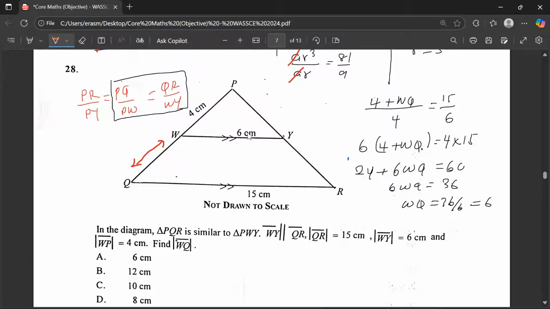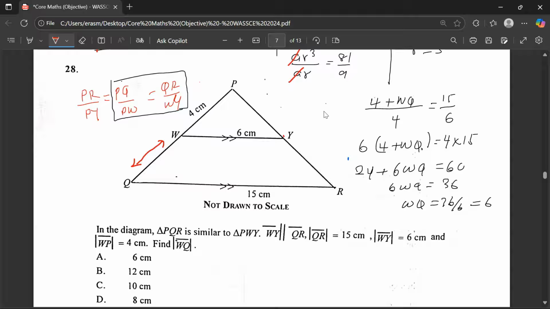Now, we know these two sides, that is this side and this side, right? We know this side, but we don't know this side, and this is what we are asked to find. So we can ignore this and then make use of this equation, right?